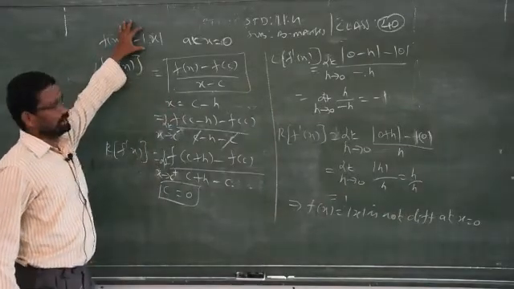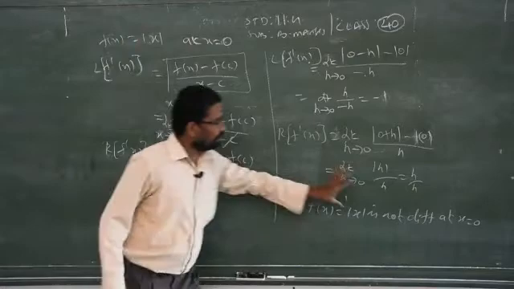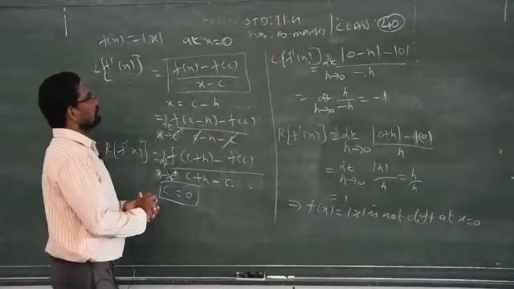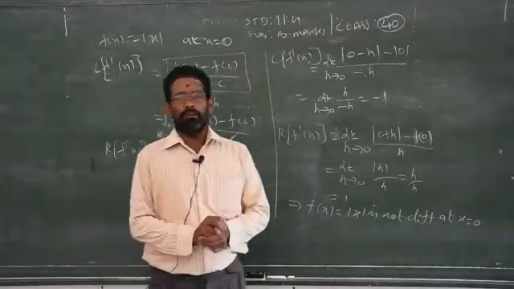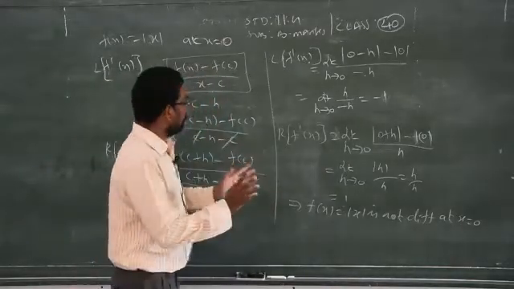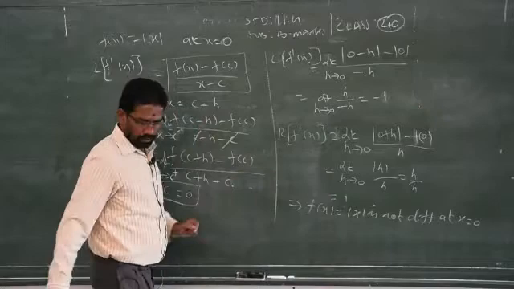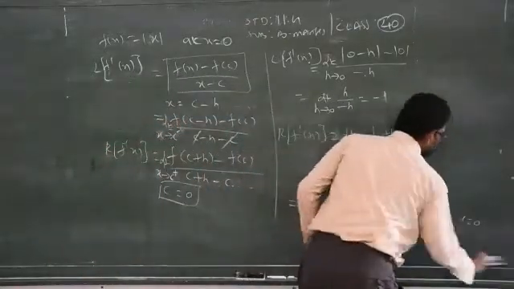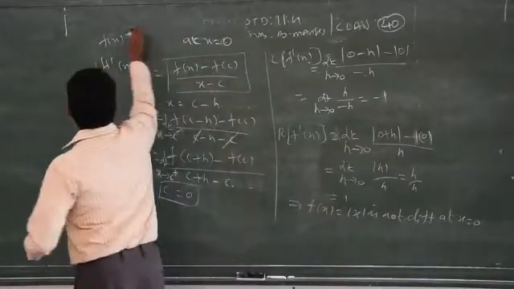Though modulus of x is continuous, it is not differentiable. That is the definition: all continuous functions may not be differentiable at given points. Based on the definitions, we did one problem with the help of an example. Clear? The same way you have to go to the next example.